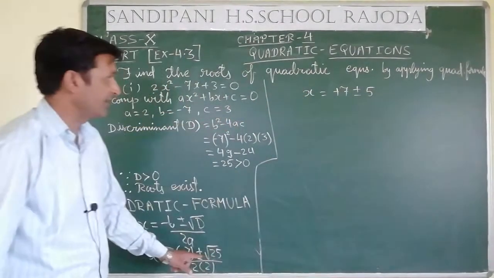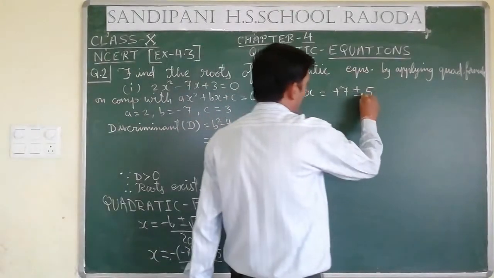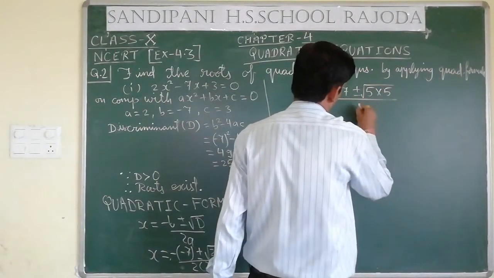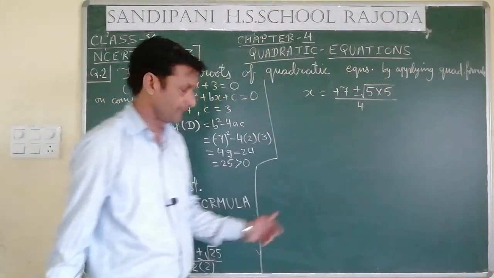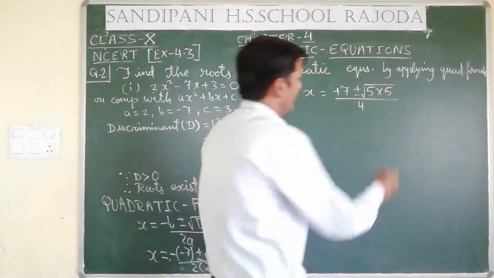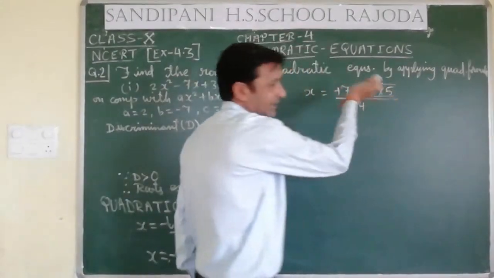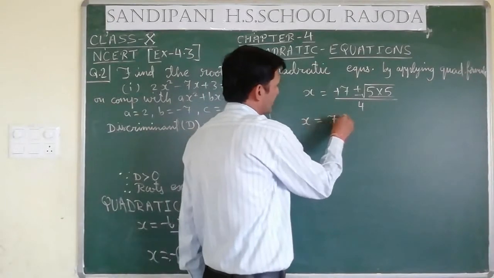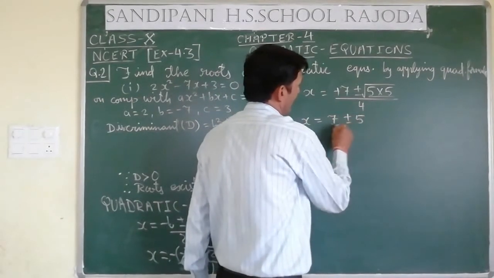You may write it in root and do factors also here, upon 2 into 2. Because 25 you can write as 5 into 5, that 5 pair is formed, so you may take it out from the root. So this will become x is equal to 7 plus minus 5 upon 4.